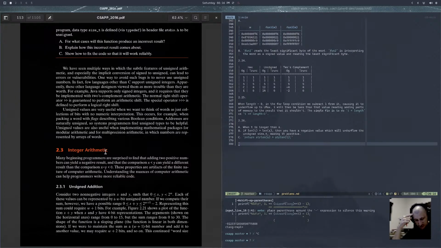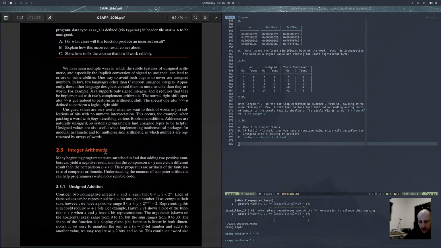If we compute their sum, however, we have a possible range 0 less than or equal to x plus y, which is less than or equal to 2 to the w plus 1. Okay, that's a plus 1, not a minus 1, minus 2. Representing this sum, you could require w plus 1 bits. For example, because it could be 2x that value.